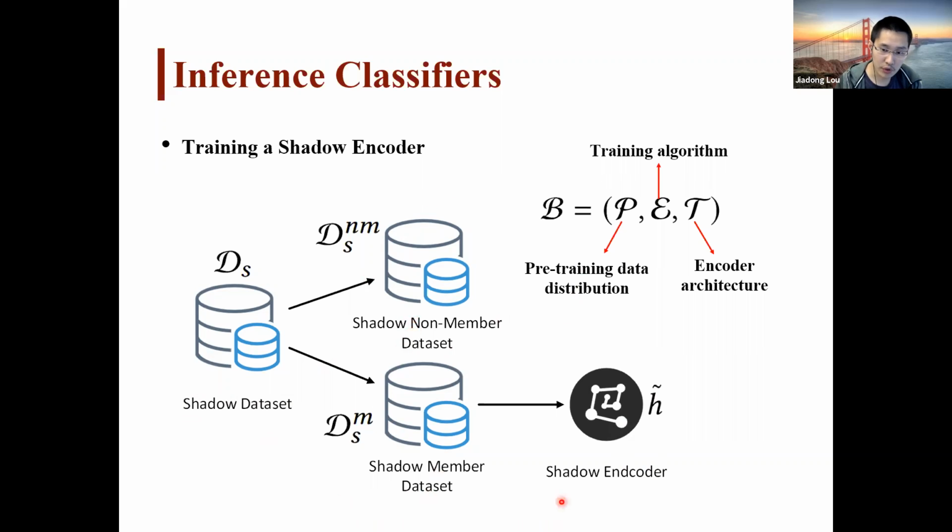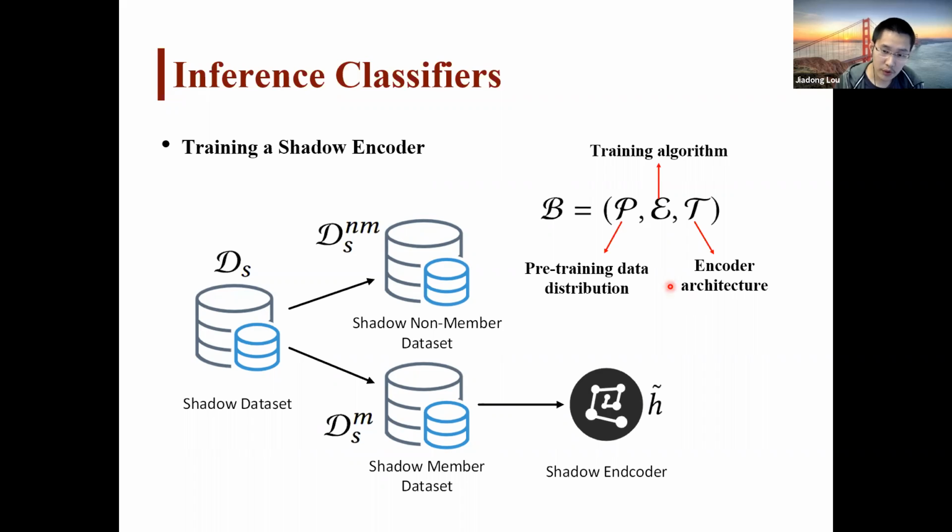Then the inferrer will pre-train a shadow encoder using this shadow member dataset.